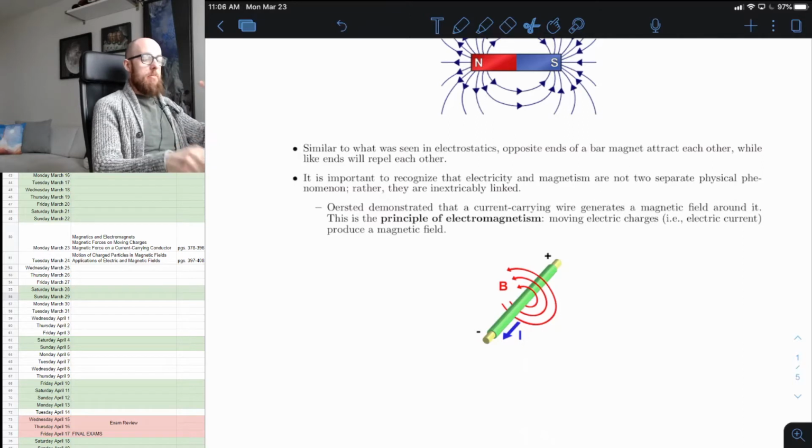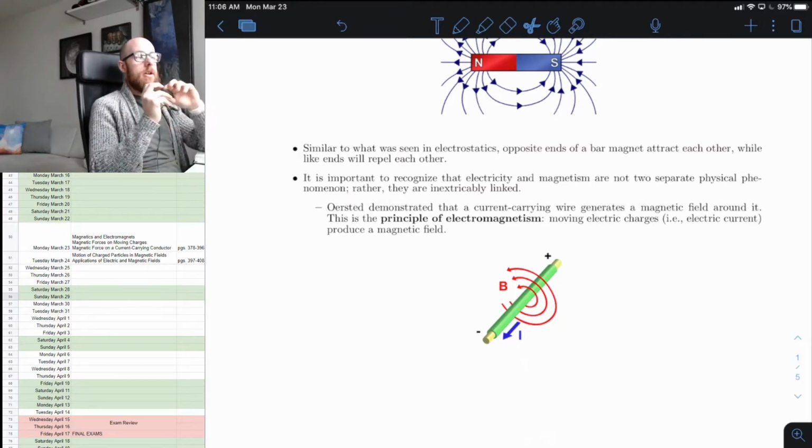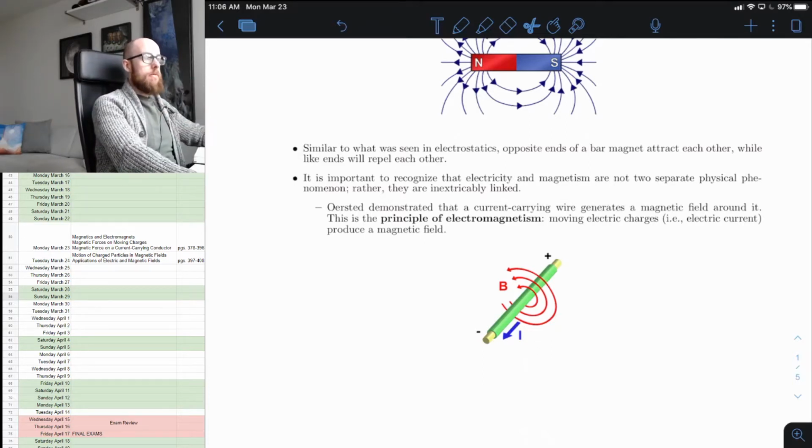This is the main takeaway from a lot of scientific research in the late 1800s, bridging electricity and magnetism together to make electromagnetism, right? So it's not electricity and magnetism, it's electromagnetism, and they both definitely influence each other, okay?